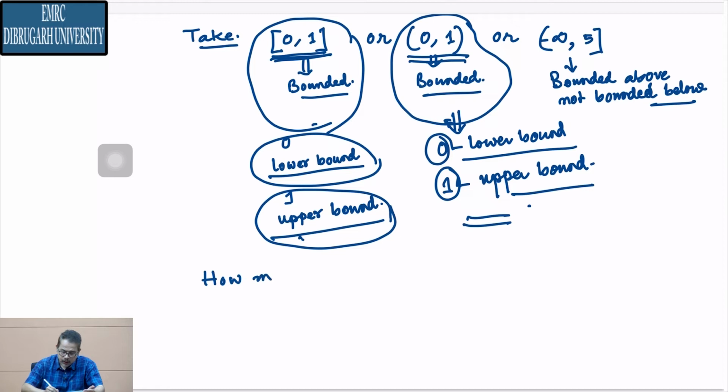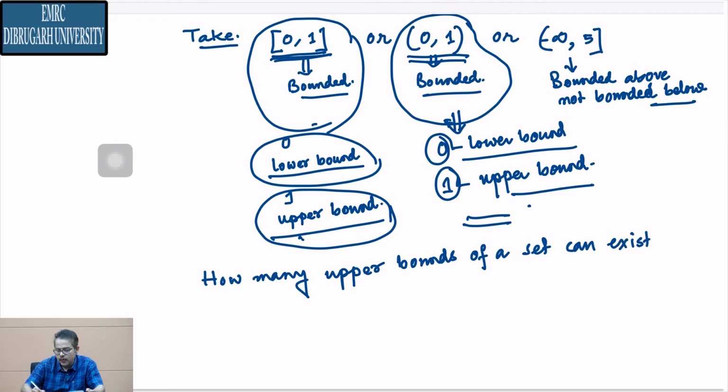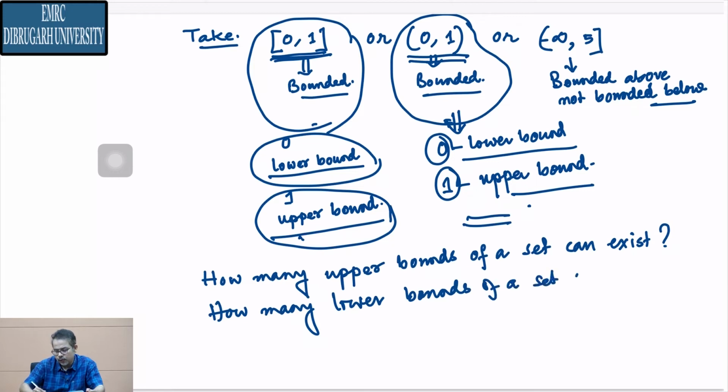The next thing is, how many such upper bounds of a set can exist, if it has at least one upper bound? And how many lower bounds of a set can exist, of course under the condition that it has at least one lower bound?